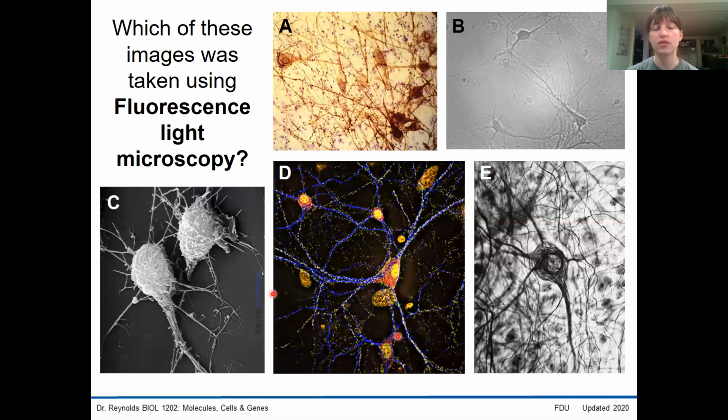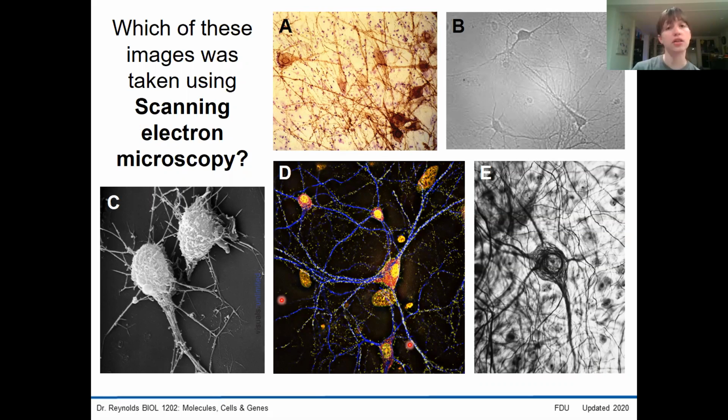What about if I asked you to identify a scanning electron micrograph? While electron microscopy allows you to view more details inside of the cell, so we know it's not D. B is only allowing us to see giant components of the cell. There's no individual details inside.